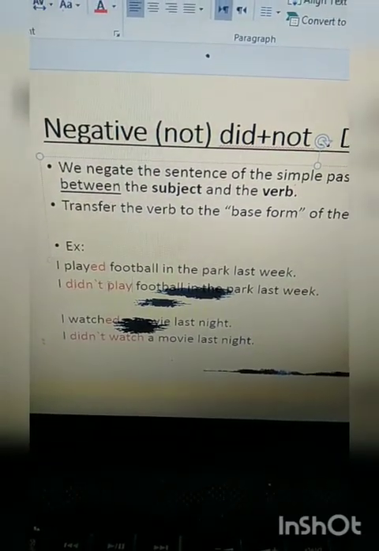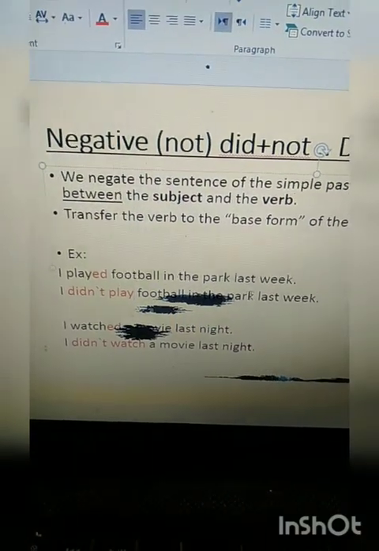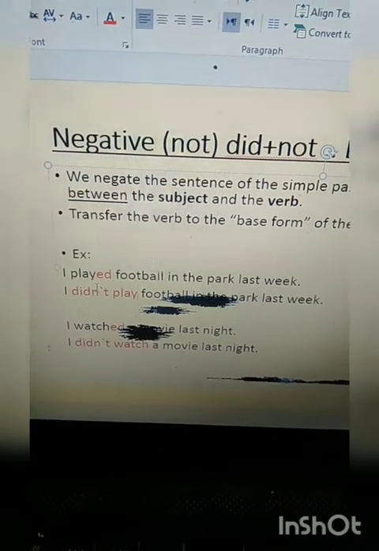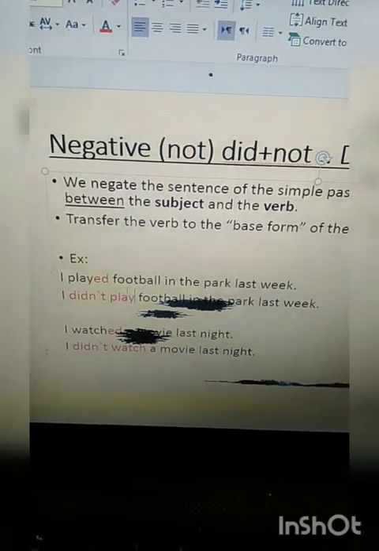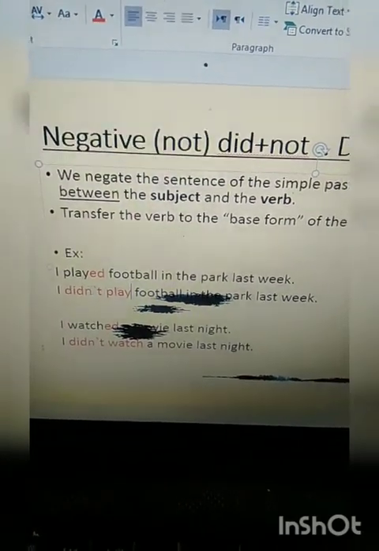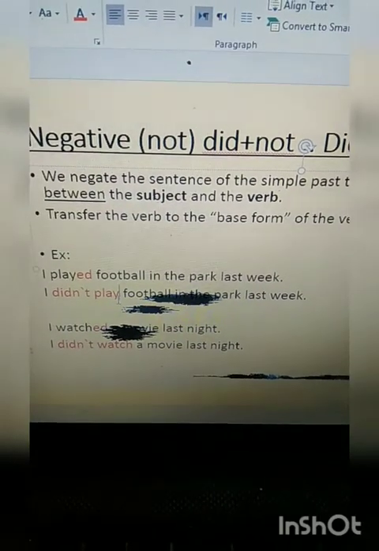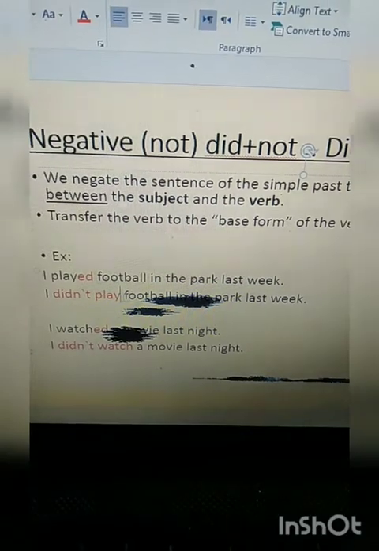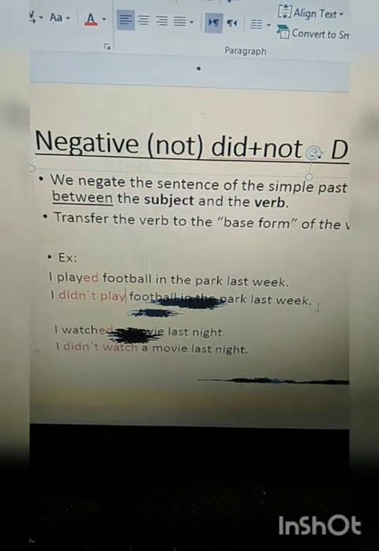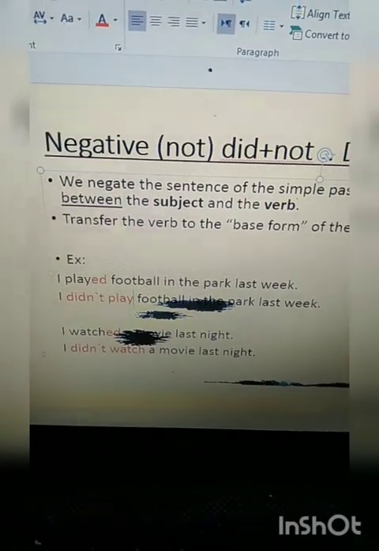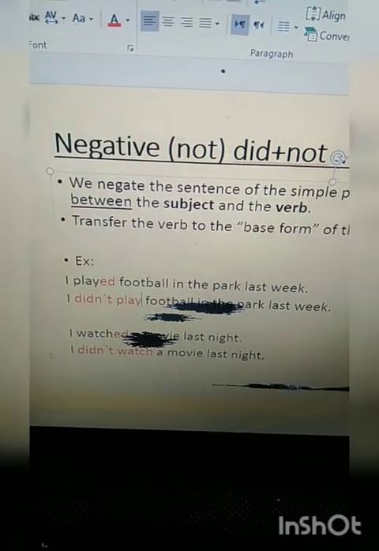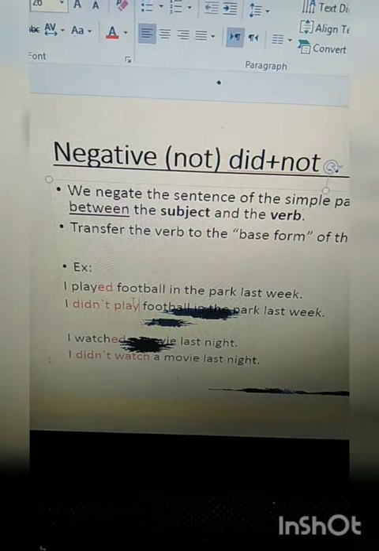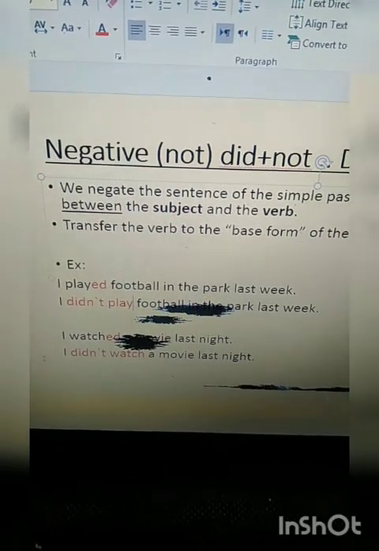You see, we put didn't after the subject, between the subject and the verb. Then we complete the sentence. I played football in the park last week becomes, in the negative form, I didn't play football in the park last week.